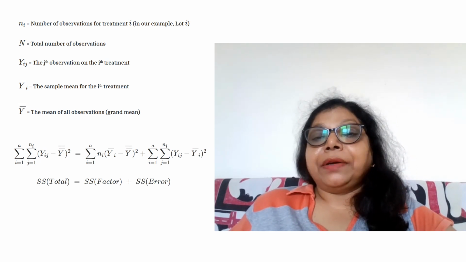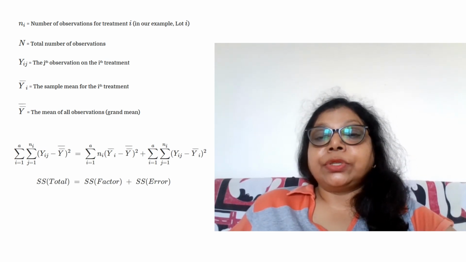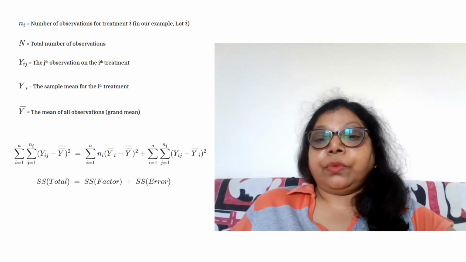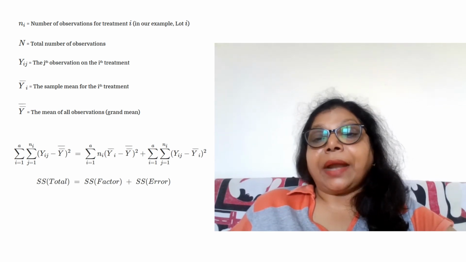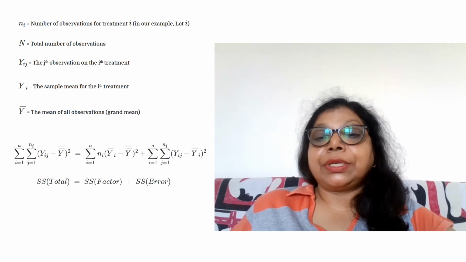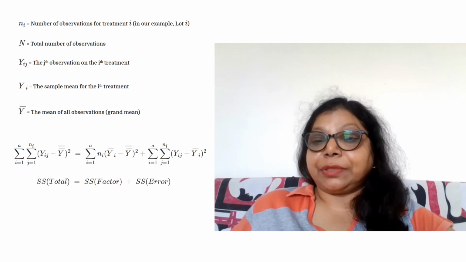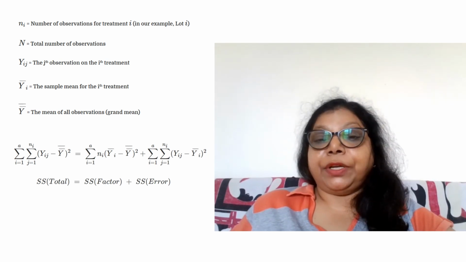Now, if we recall in our ANOVA table, the source column lists 2 sources of variation: the factor, in our example lot, and the error. Another way to think of these 2 sources is between the group variation, which corresponds to the variation due to the factor or the treatment, and within the group variation, which corresponds to variation due to chance or error.